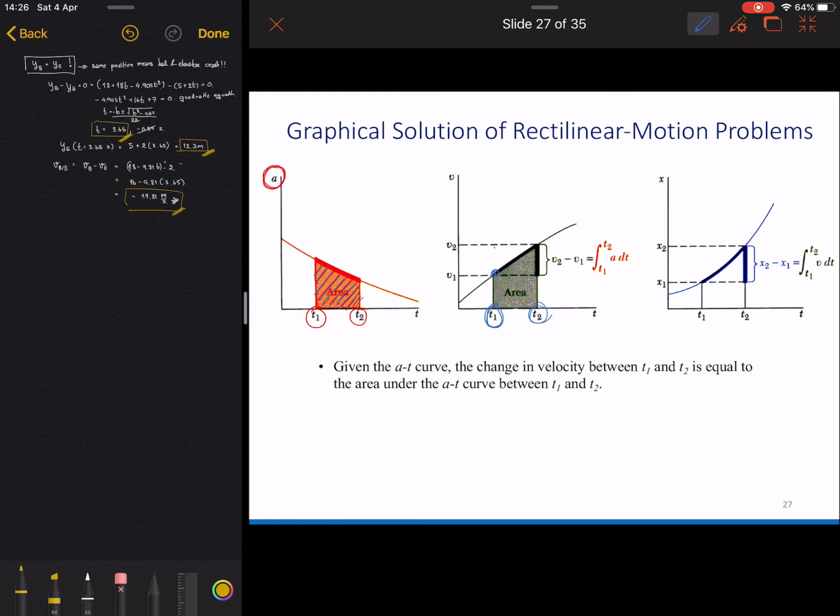So the area here is equal to the height of, for example, the velocity there. Okay. Also the same as for velocities here, the area here is the same as the position change on the graph, the displacement. Okay.